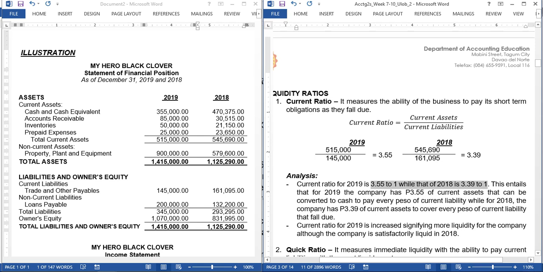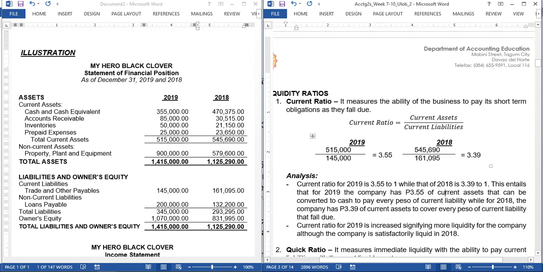So, ang 3.55 means sa isang current liability, kaya niya bayaran 3.55 times from his current assets. So, grabe, liquid siya, no? Marami pa siyang reserve sa current assets.